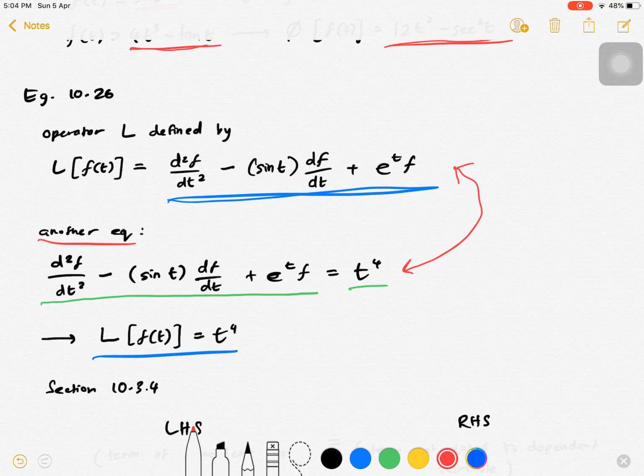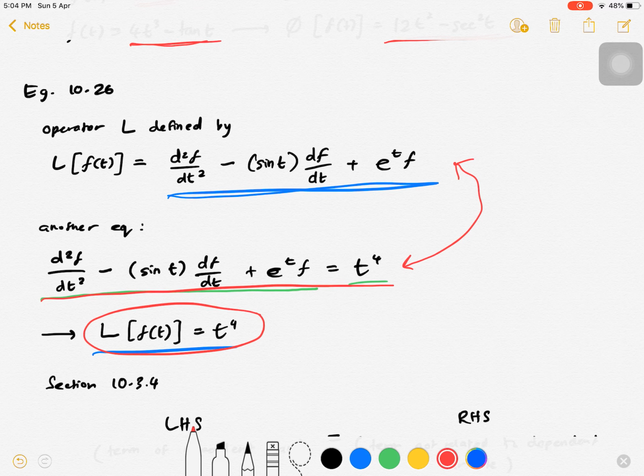So this is another equation we found, and we can see that there's some similarity. This is second order, this is sine, second order sine. We have exponential, but the only difference is this term. Therefore, we can simplify this equation in terms of the operator L. So what will happen is we will get this answer. Okay.